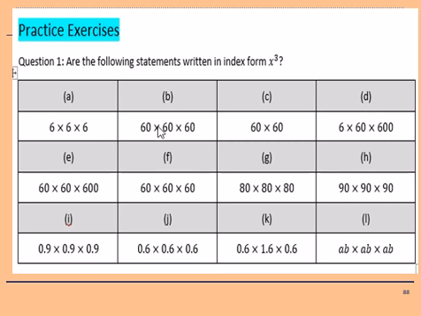So B, is that 60 to the power of 3? Question C, is that 60 to the power of 3? And you're going to write true or false for each one. Pause the video here for 15 minutes and work through those 12 questions. Be ready to mark in green pen afterwards.